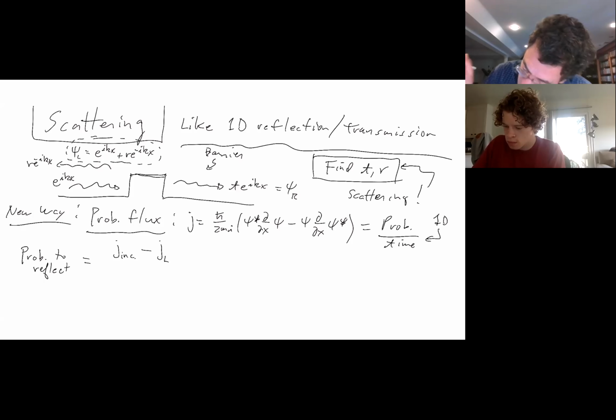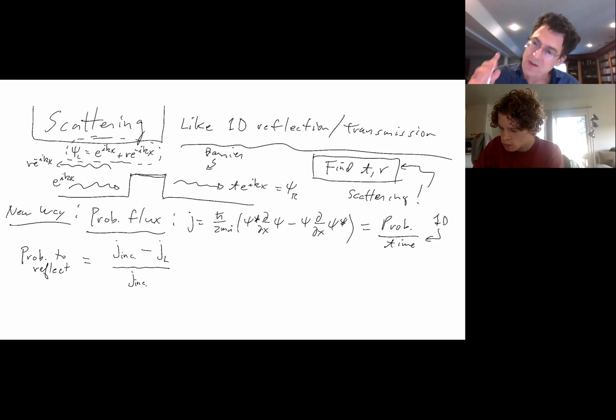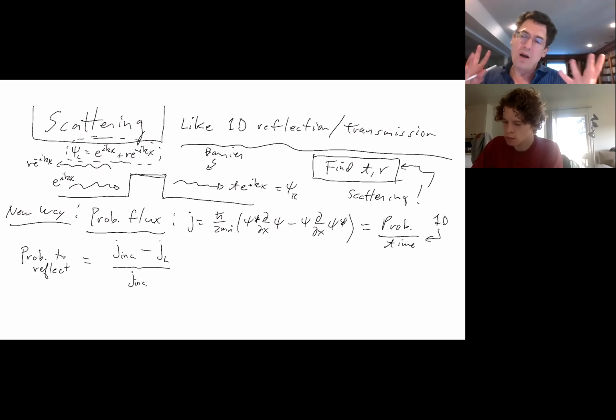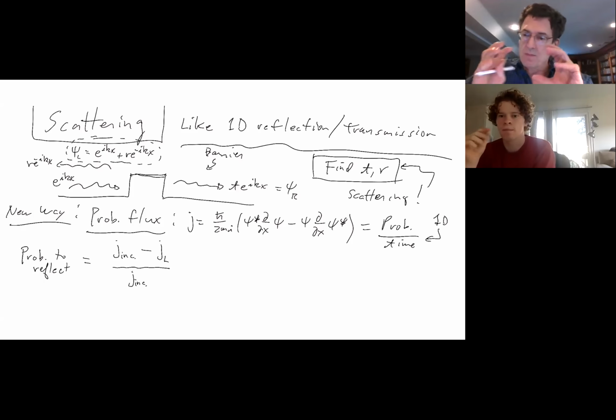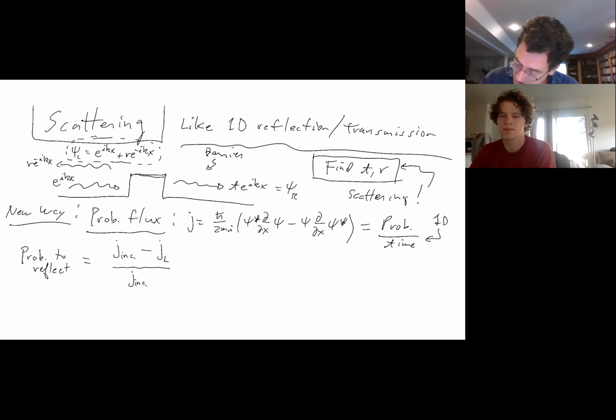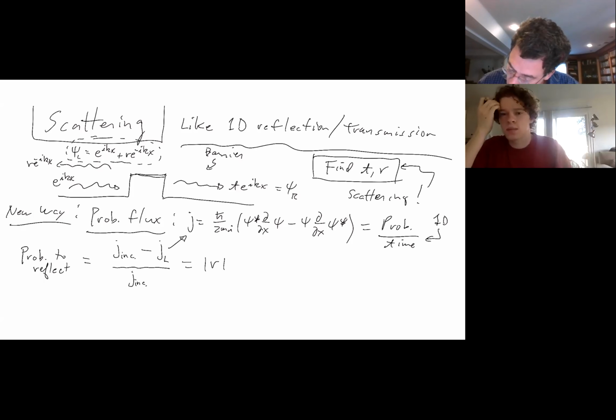Then you normalize, dividing by the probability flux of the incident wave, what you start with. Now we're thinking of probability in terms of water. We spray the hose, we have the incident amount of water, but some of the water bounces and sprays back into our face. That's how I want you to think about it. If you actually calculate these quantities using this formula, and I'm skipping that part, I want you to do it on your own, you're going to get R squared.